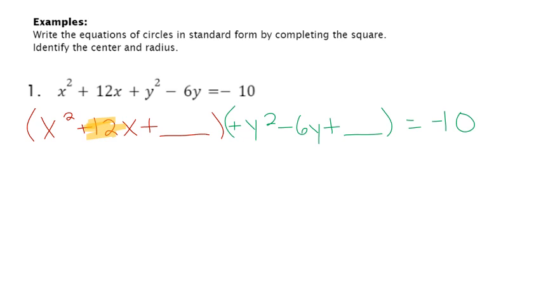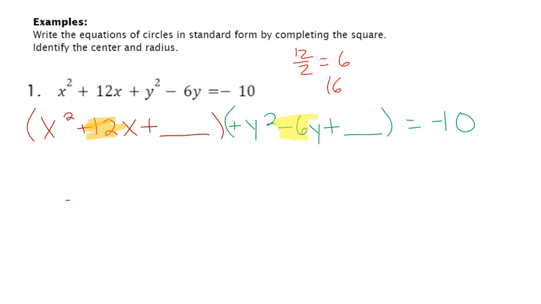So remember, I have to use my 12, and I have to use my negative 6. So for that 12, I'm going to do 12 divided by 2 is 6. So if I square it, actually I'll move that over here. So I have 12 divided by 2 and I get 6.